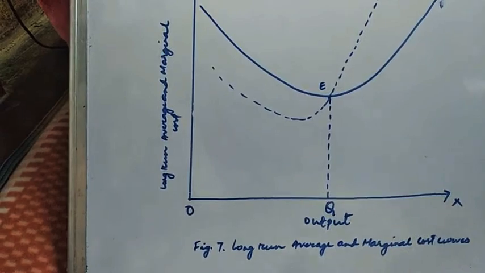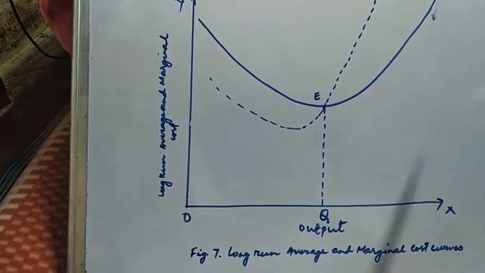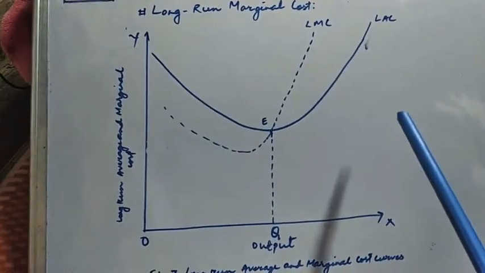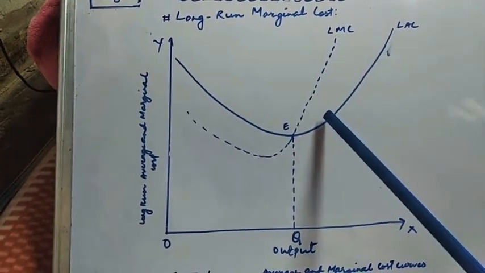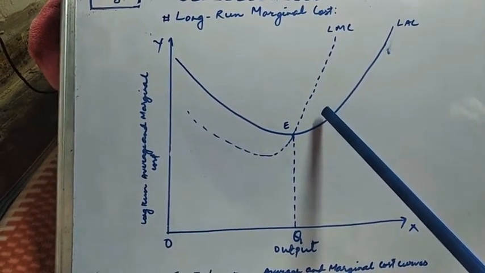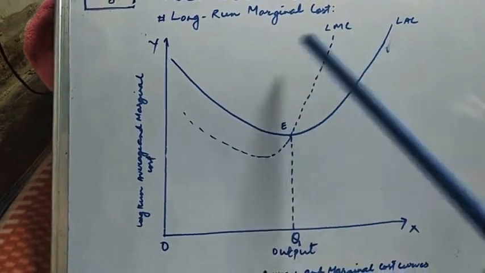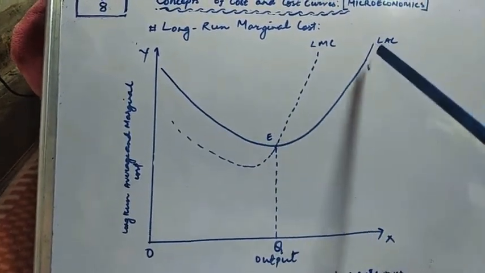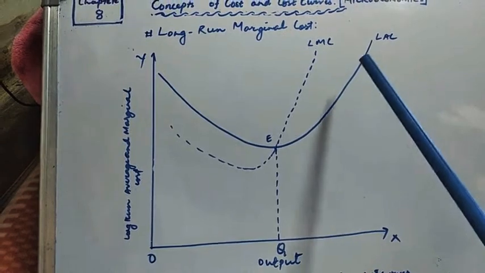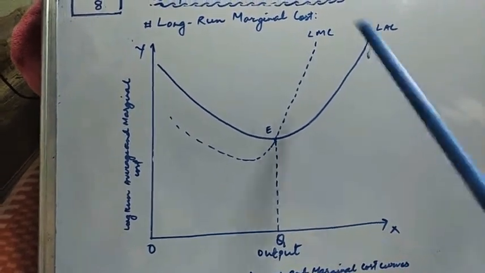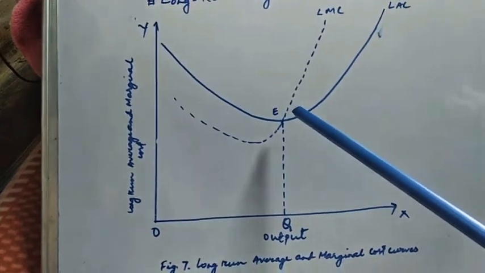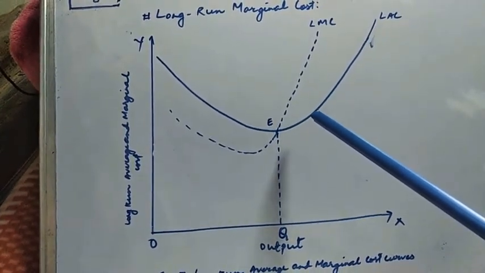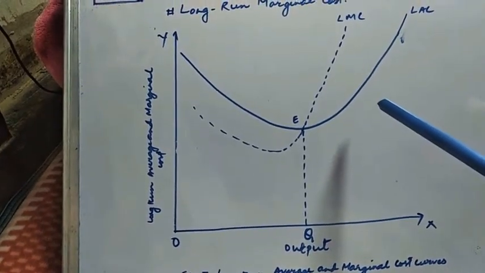So the long run marginal cost curve has the same relationship. LMC and LAC have the same relationship as we have explained earlier between the average cost and the marginal cost.